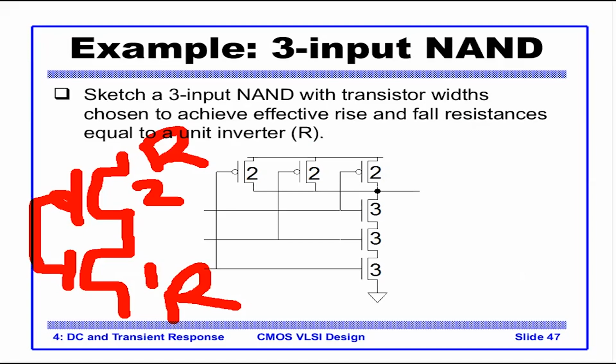Same thing we'll apply here. If you combine 3 NMOS in series, forget the number 3 here and forget the widths. If each of them was unit, the total resistance would be 3R.